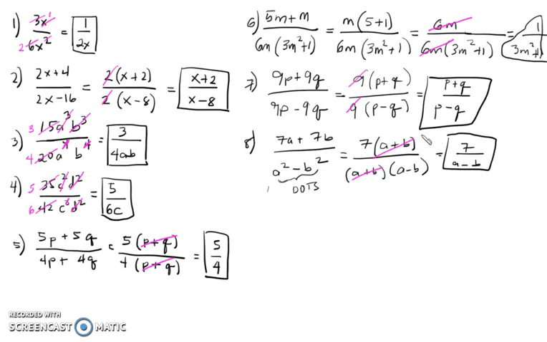Okay, for number 9, we have (4x minus 24) over (x squared minus 36). Again, same approach, just like what we did on number 8. Get the GCF of 4x minus 24, and that is obvious, which is 4. So factor out, that would give us 4 times (x minus 6). Sorry, 6.